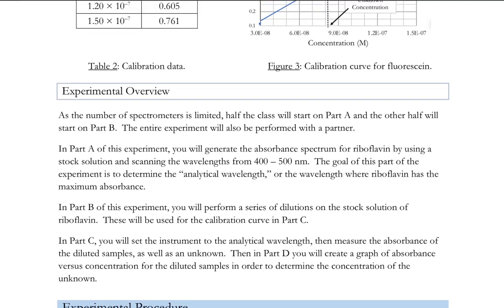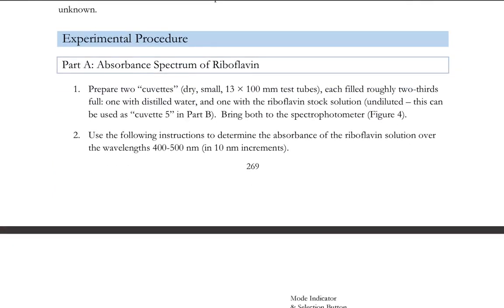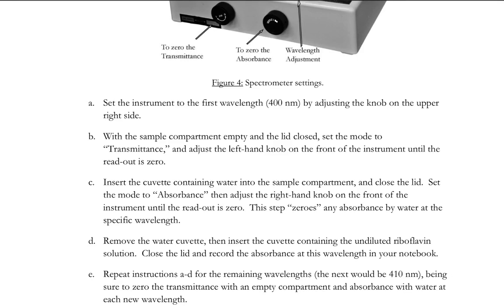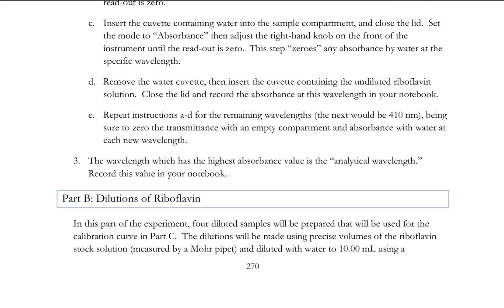And then in the last part, we go to the computer and use Logger Pro to make an absorbance graph from our data of part A and make then the calibration curve from our part C information. All right, so read through the experimental procedure so that you understand what's going on as I do the experiment and you watch it on the experiment video.